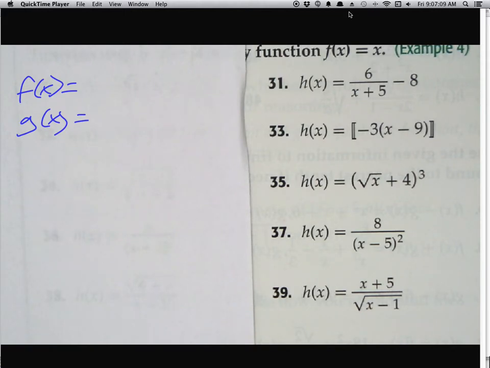What you got, Bobby? I said g of x equals x minus 5. So what does that mean f of x is? 8 over x squared. What do you guys think? Yep. That works. Very good.